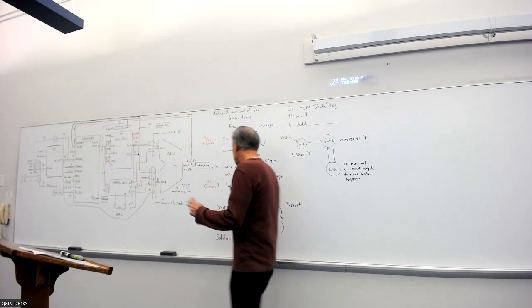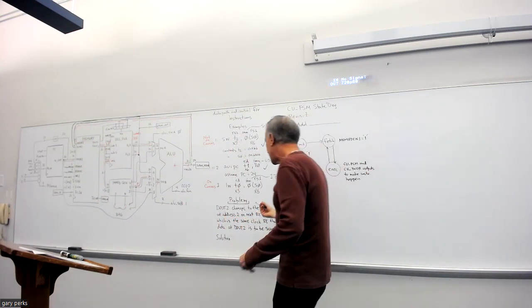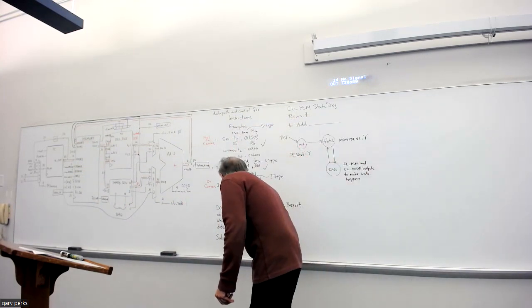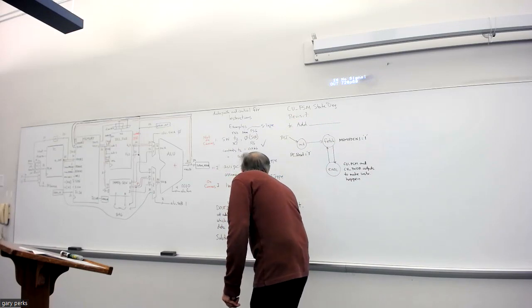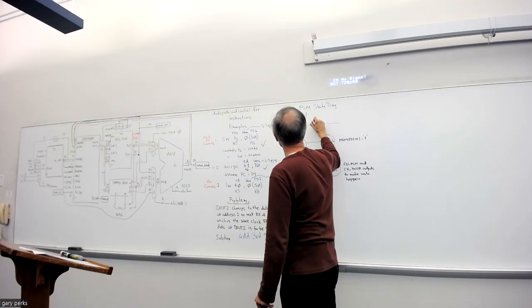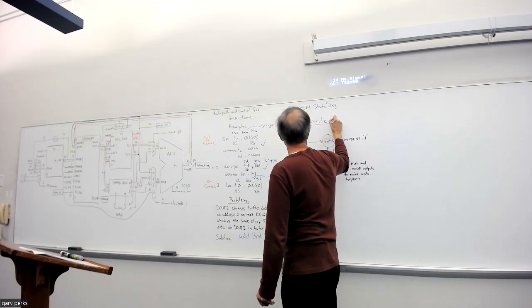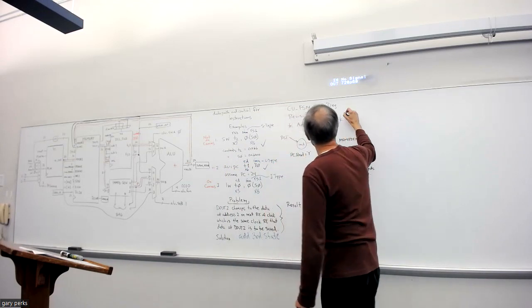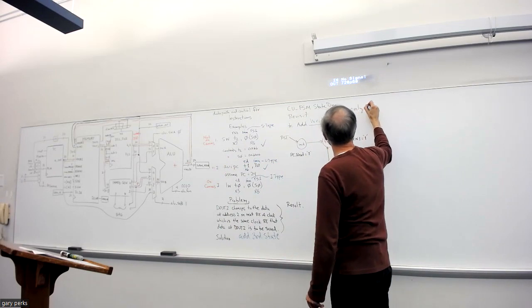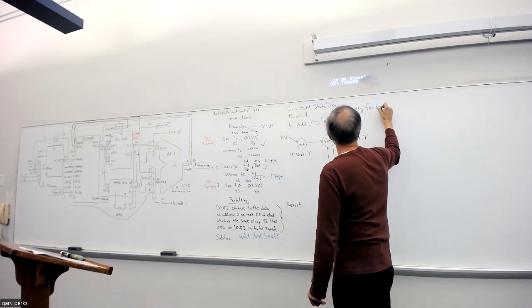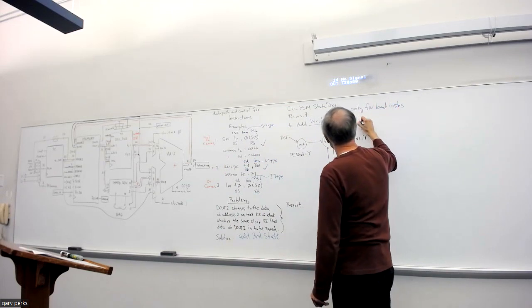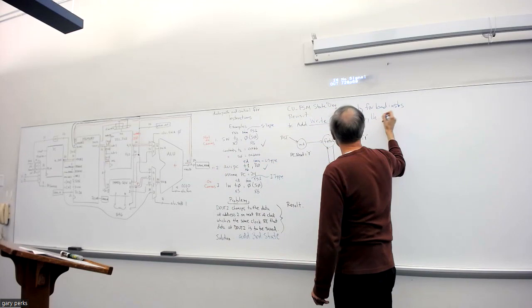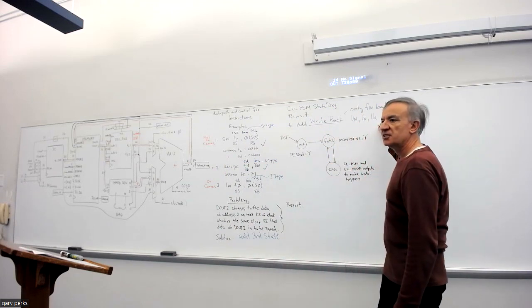So the solution to this is to add a third state, and we call it the write back state. And again, it's only for load instructions, like load word, load byte, load half word, and also the unsigned versions.